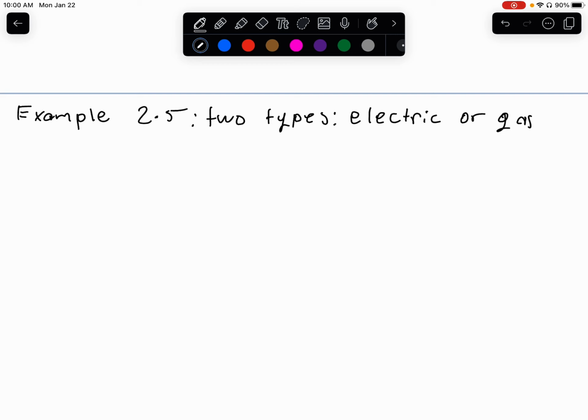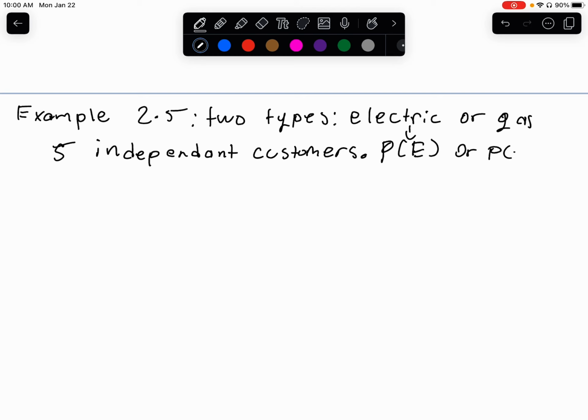We consider 5 independent customers walking in. We're going to find these probabilities as P(E) for electric or P(G) for gas. I know it's pretty funny. So now we have our first question.